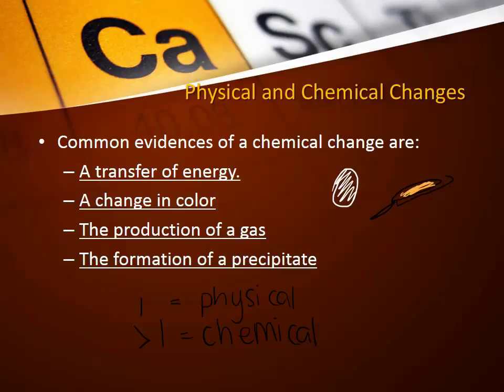Now, we have a transfer of energy because it's now hot. The yolk, technically originally, I'll give you that, it was kind of clear actually, has now changed color and is mainly yellow, or some of it's white. It smells better, so it produced a gas, and it's now fluffy because we have a precipitate formed. That is a chemical change.